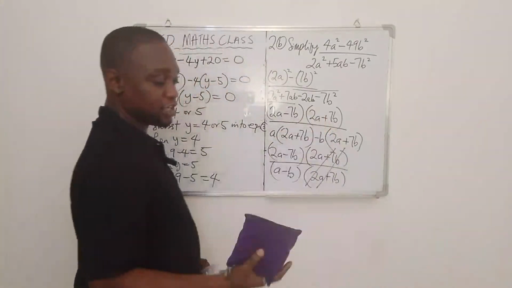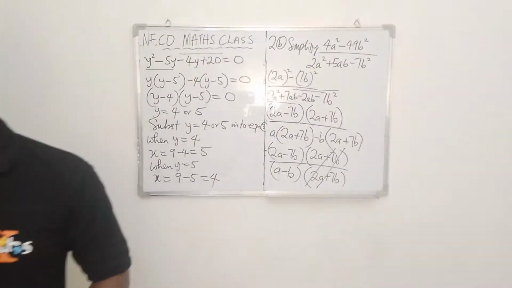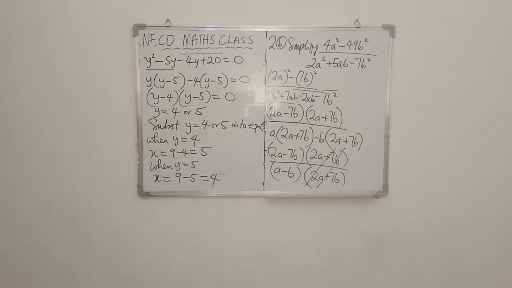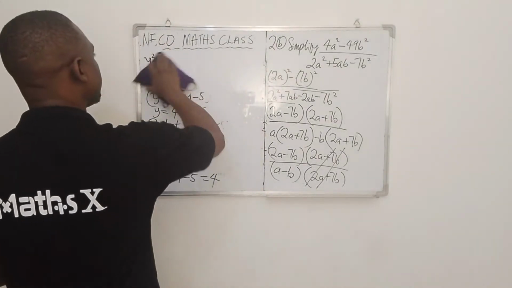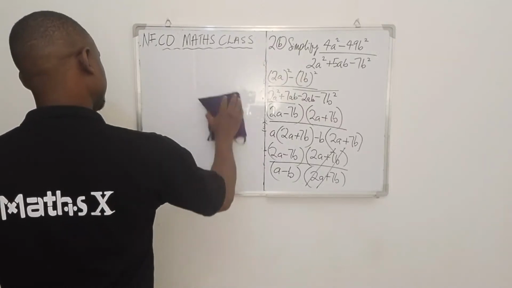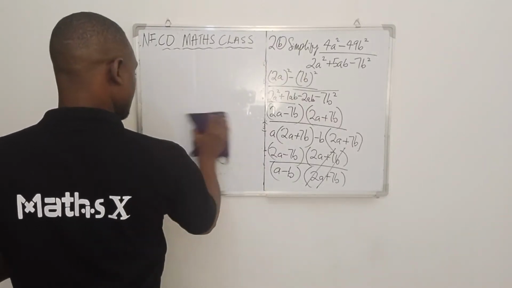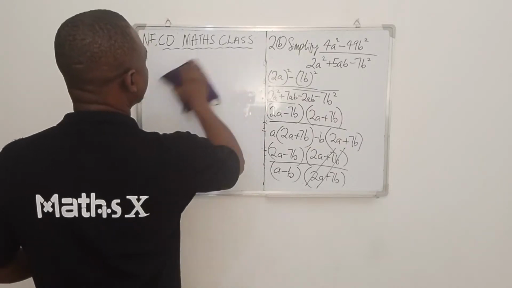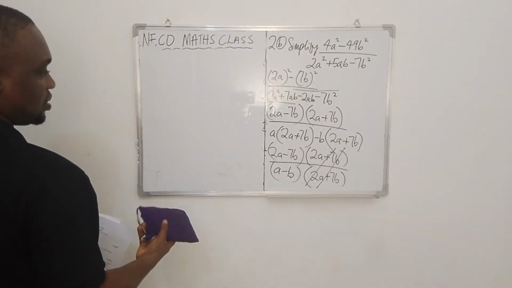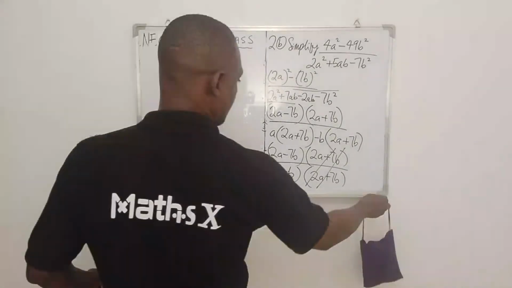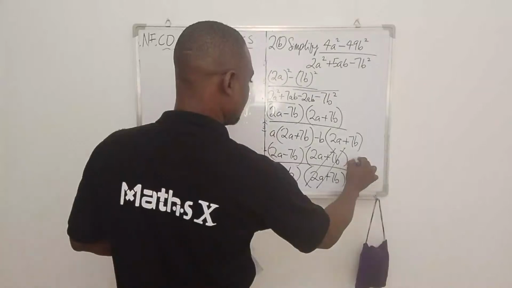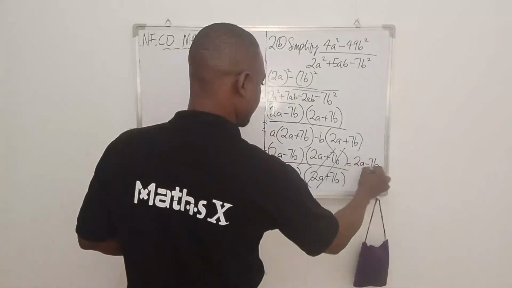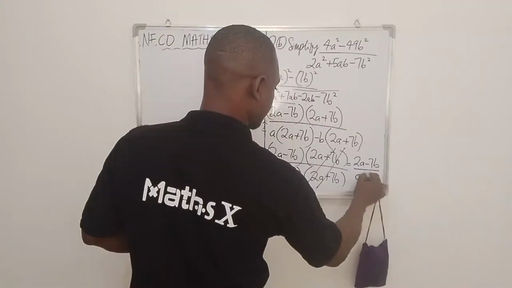I will take some space in this part of the board. And of course, I will check my transmission also. I think I should do that first. So my final answer, if I may, I think I should squeeze it in, will be 2a minus 7b over minus b.